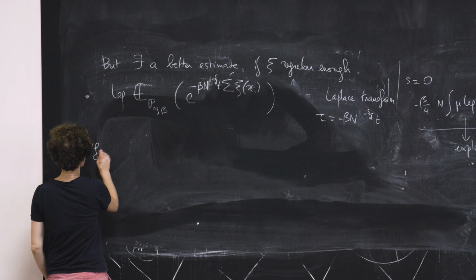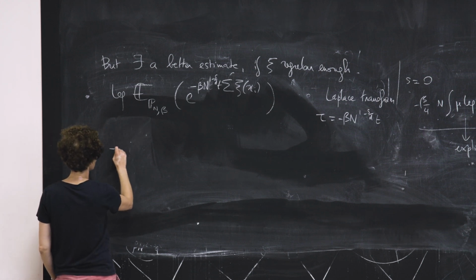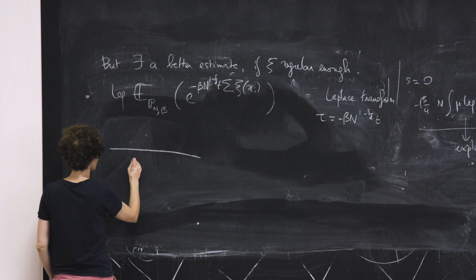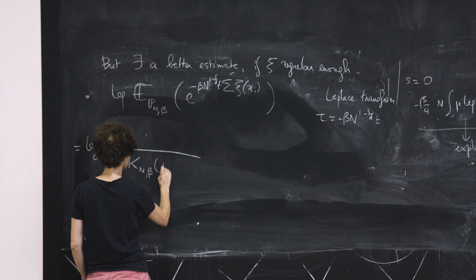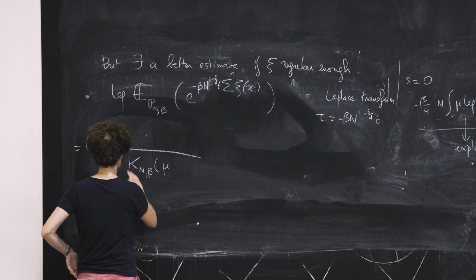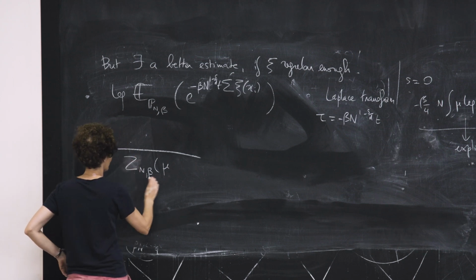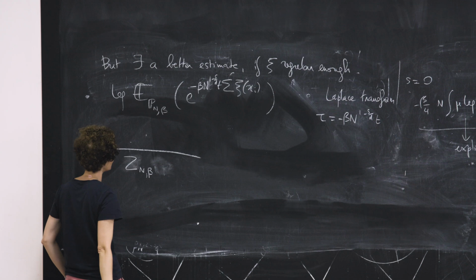Because if we write down what this is exactly, as usual, an expectation, I just write what this is. So I divide by the partition function, I'm going to call it Z, sorry, the partition function of my original gas.